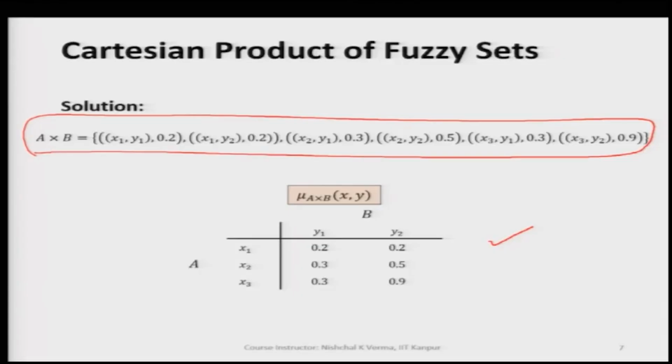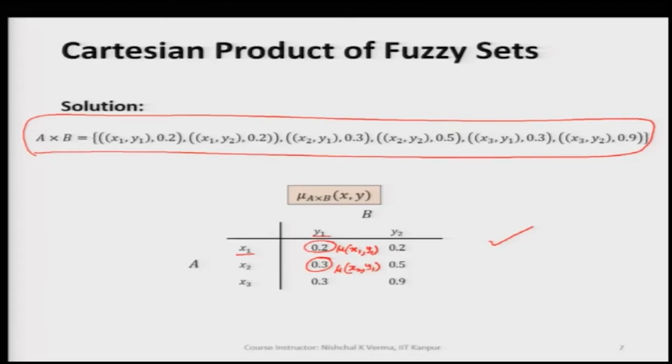When we have these two as row and column values, then corresponding to x1 y1 we write the mu of x1 y1 like this, and here we write the mu of x2 y1.